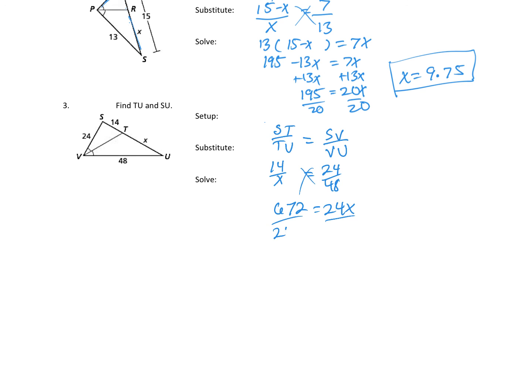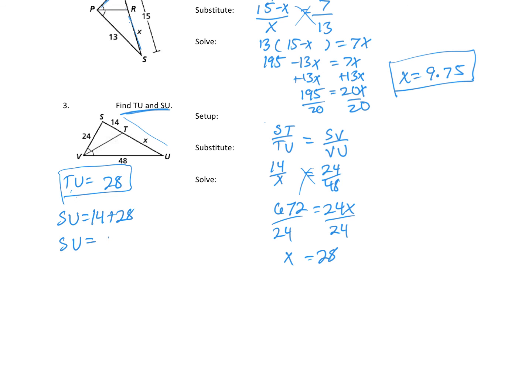Divide both sides by 24. x then equals 28. We're not done because they don't want us to find x. They want us to find SU and TU. So I'm going to plug that back in. So here, this part TU equals 28, because it's x. Now SU is the entire distance. So SU equals 14 plus 28. SU must end up equal 42. And that is it.